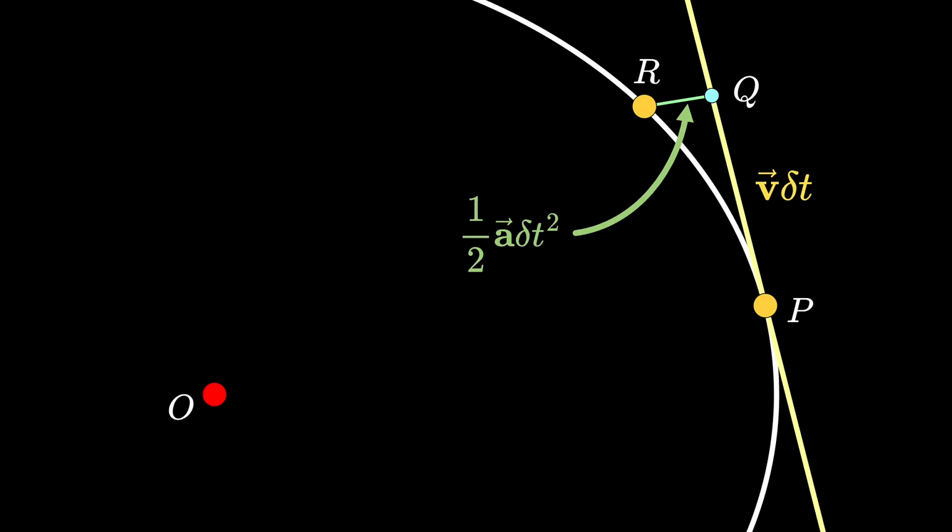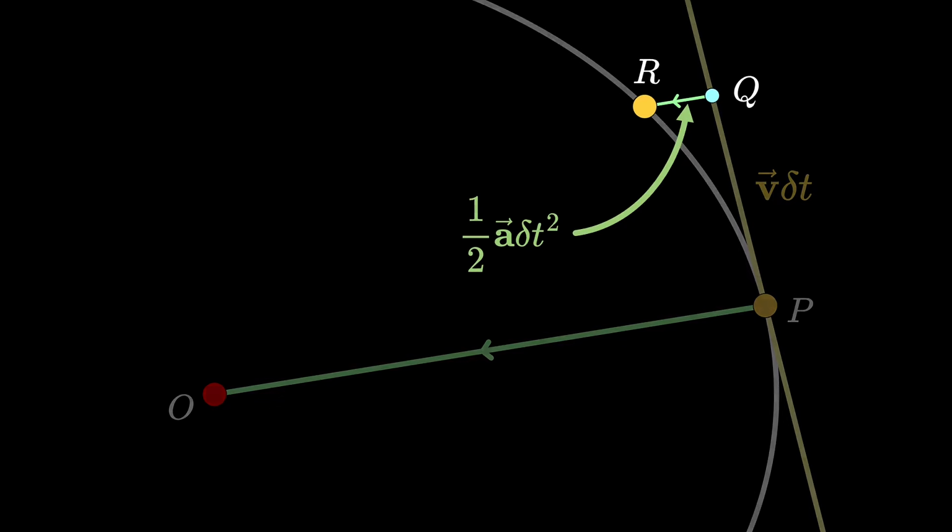That's Taylor expansion up to second order. Because we assume the acceleration points towards the center, these two green segments are parallel. This is how to geometrically construct the point Q given point R. But based on this length, we can express the acceleration in terms of QR.